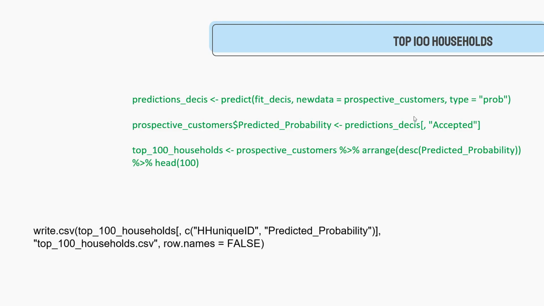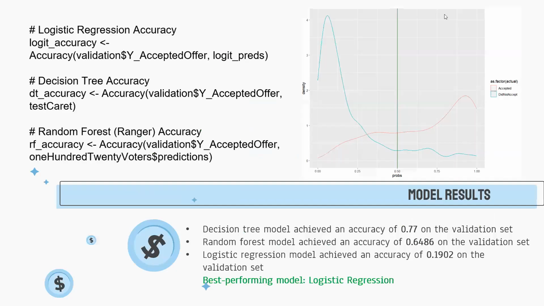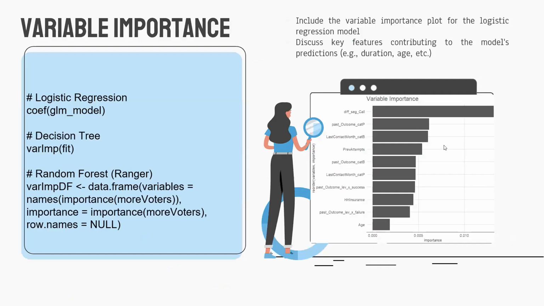I made some graphs in the code that show the probability of when they accept and when they do not accept, so in the EDA we can have more understanding of what we got.